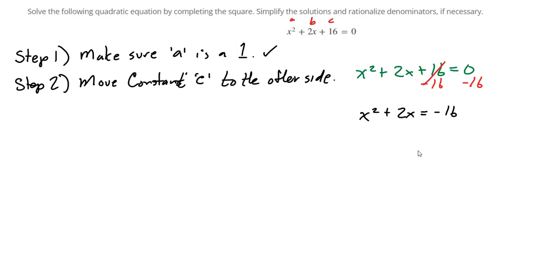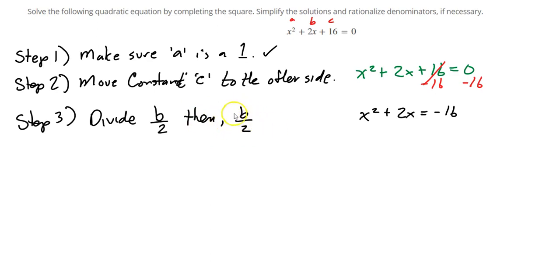Basically, we're going to cut it in half. Step 3, divide b by 2. Then we're going to square it.